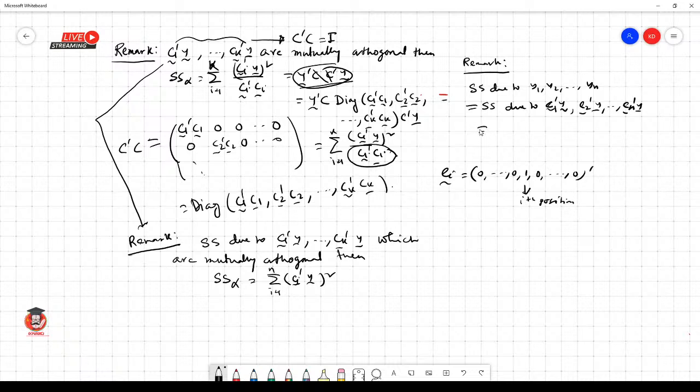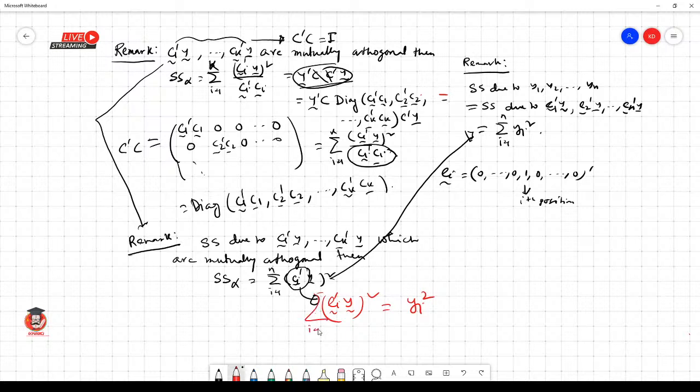So if you use this result, you just get sum over 1 to n of yi square. So SS due to y1, y2, ..., yn is nothing but summation yi square. Just put ei curl in place of ci curl, then this is nothing but yi square, sum over i from 1 to n.